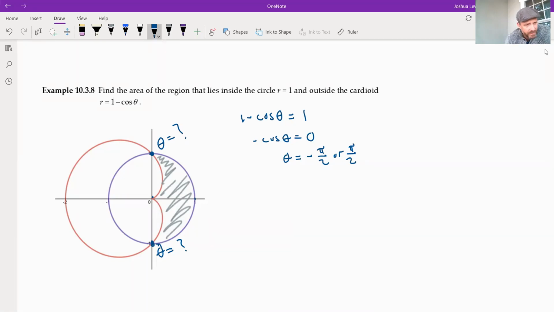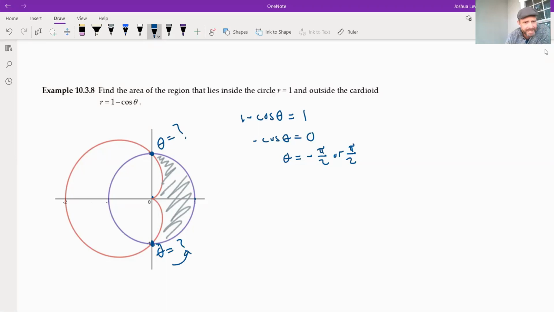Those aren't the regions we want. I'm not looking for this region out here. I'm looking for this region over here. So the direction is important. I need to start at that point. It might also correspond to an angle of 3 pi halves, but I need to move this direction. And so I'm going to call it negative pi halves.